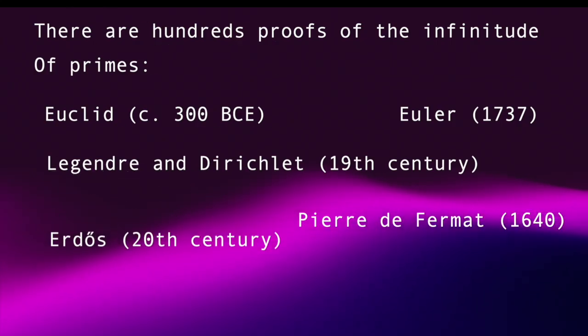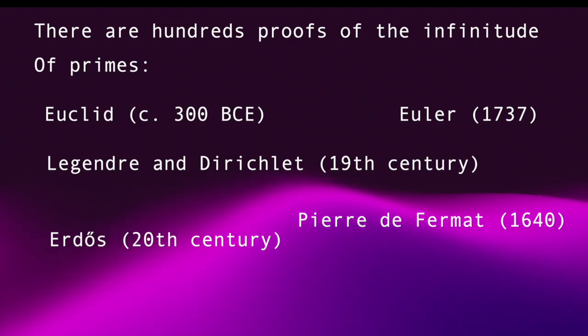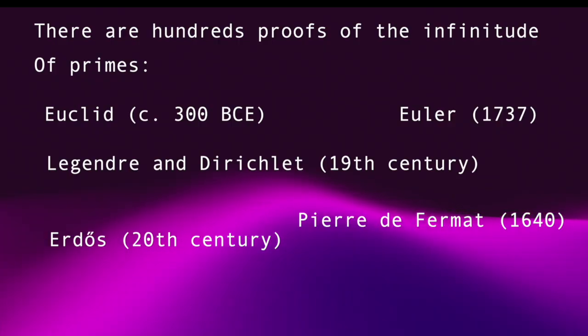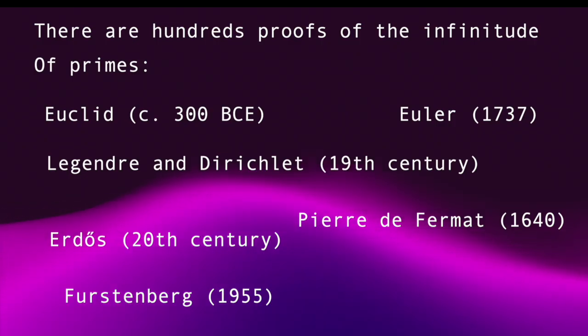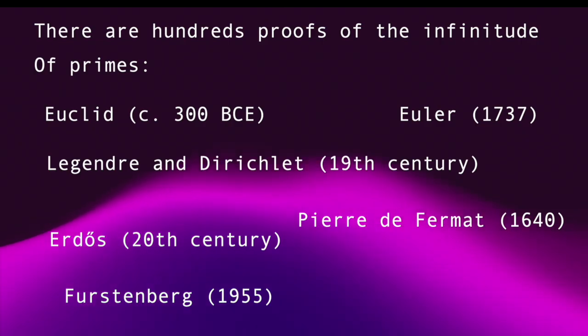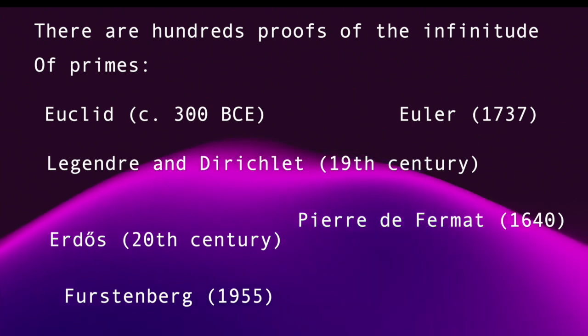And Paul Erdos actually gave many simple proofs of the infinitude of primes. And recently, Fürstenberg gave a proof which is quite curious because it uses a topology on the set of integers.